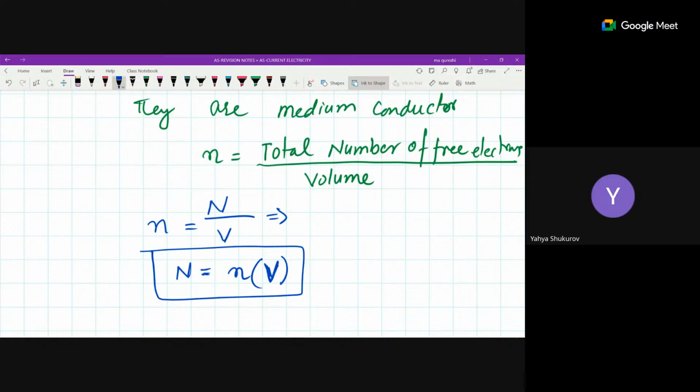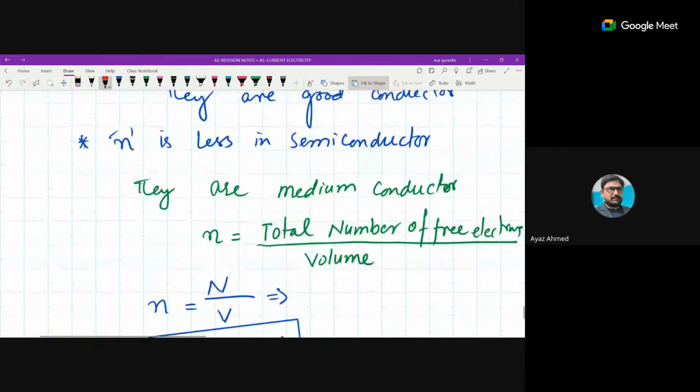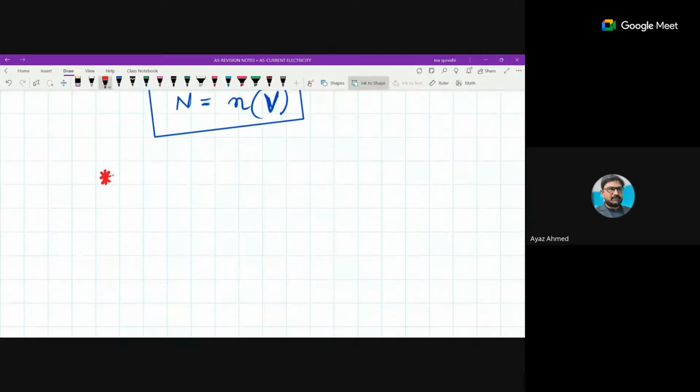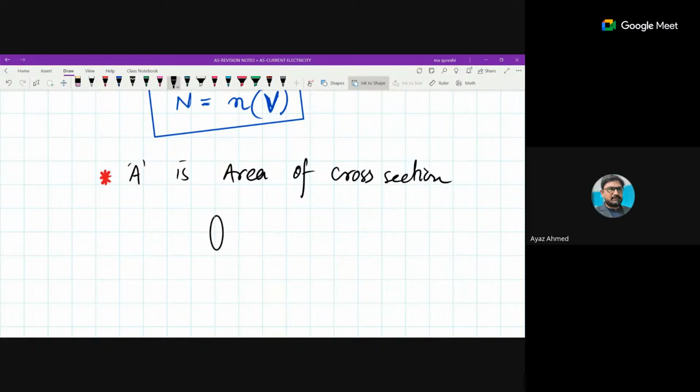Okay. So moving towards the other aspects, what is A? A is basically the area of cross section of a wire. And that area of cross section is something like this.